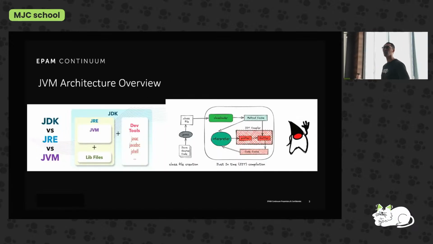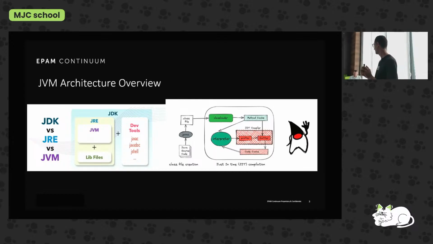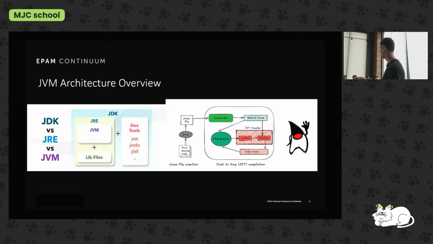Okay, so here we have the JVM architecture overview. So mainly, this is, I would say, the holy grail of the Java developers. And by the way, I believe all of you guys are Java developers, right? Or do we have anyone from JavaScript or non-JVM languages?